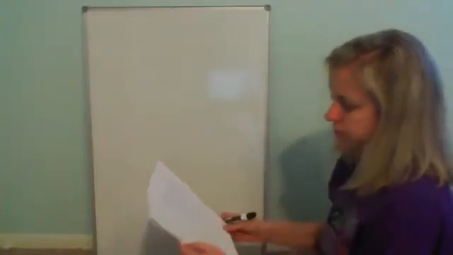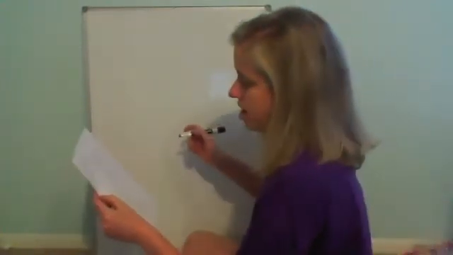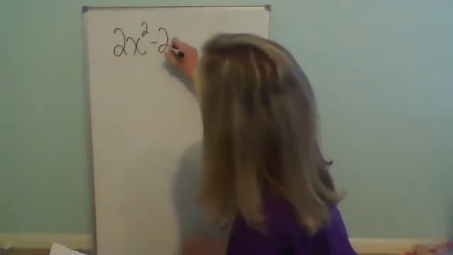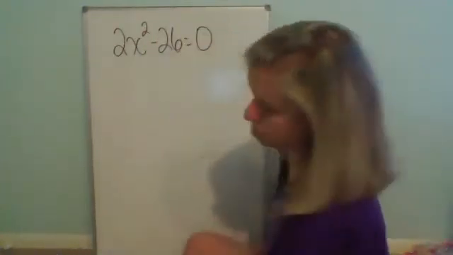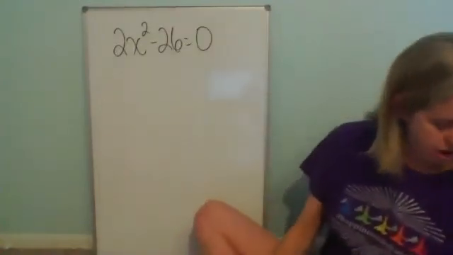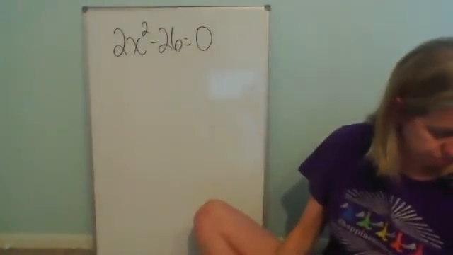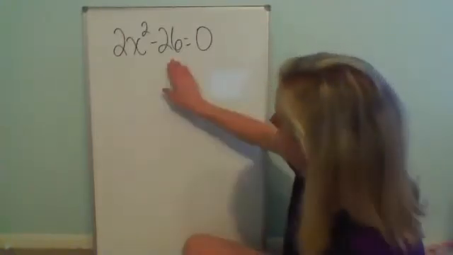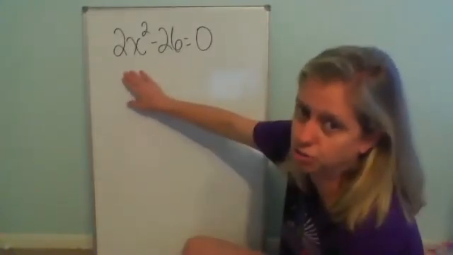All right, number 4, 2x squared minus 26 equals 0. So here we're running into an issue because if I try to factor this, pull out a 2, right?